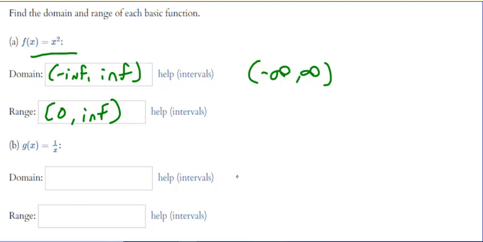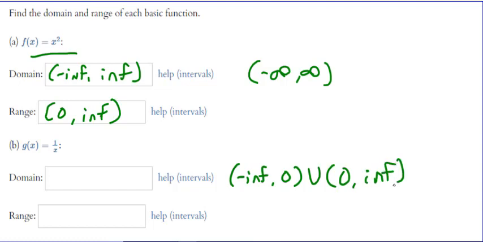In this section, they want the correct notation, which is more of a union. So it would be negative infinity to 0, parentheses, union, parentheses, 0 to infinity.